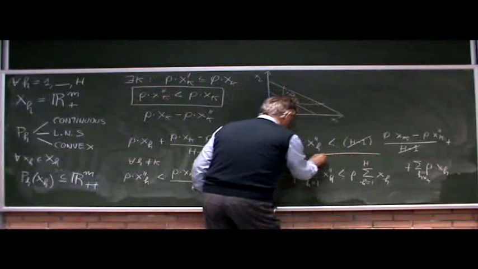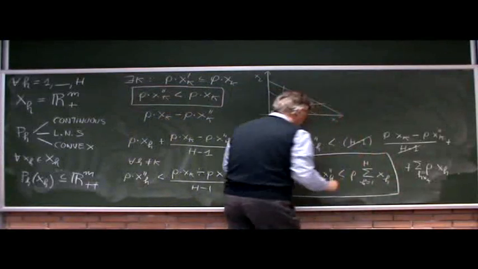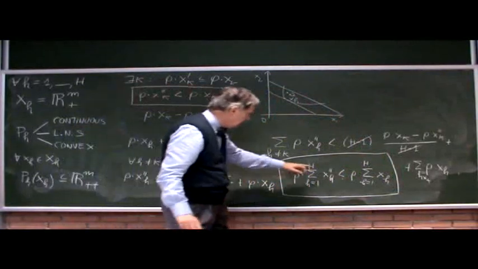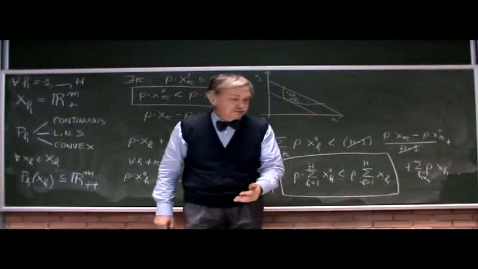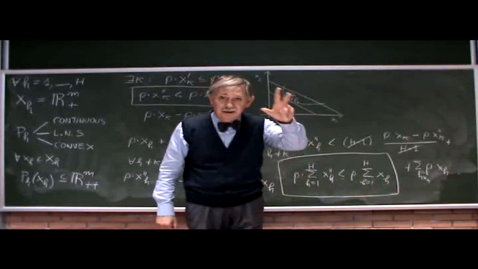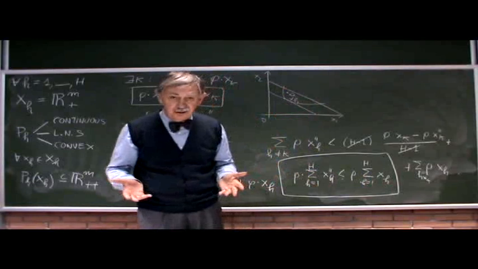Where the sums now range from 1 to large H and include k. Every one of these x double prime h is preferred to xh. But this sum of vectors is an element of large A, the set we defined in the first part of the theorem.